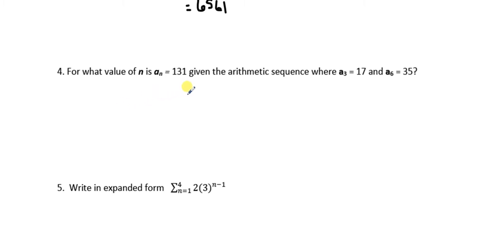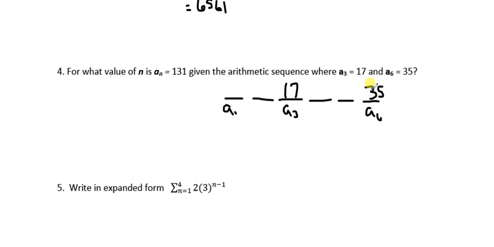Number 4, we're not given the first term, so we'll call that A1, this A2. A3 is 17. A4, A5, A6 is 35. This is A1, A3, and A6.